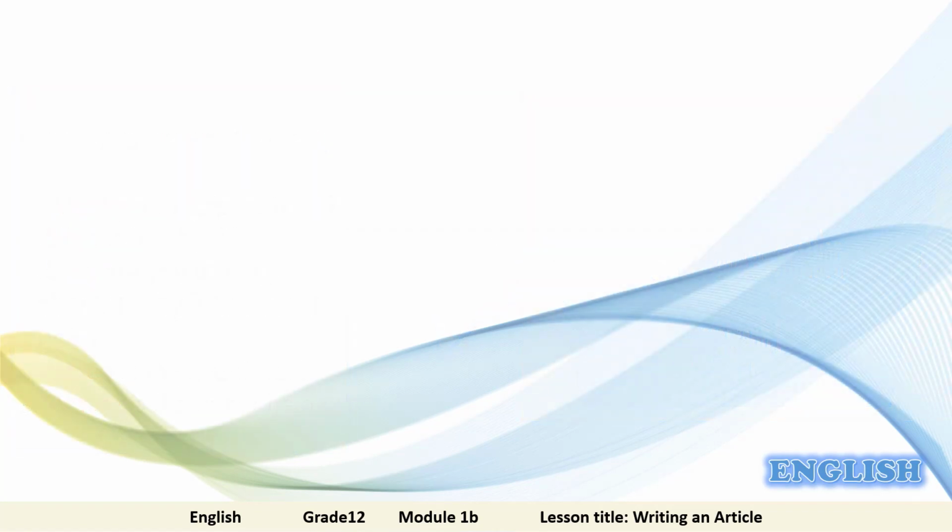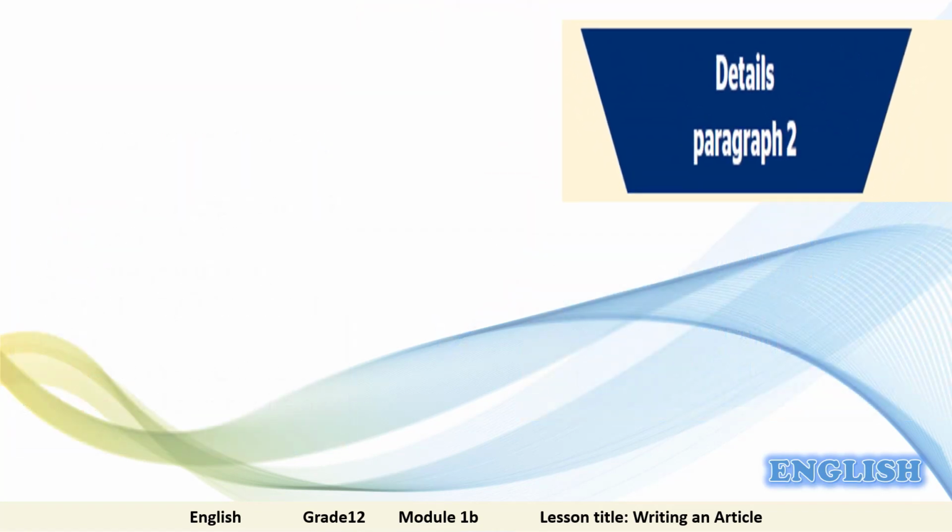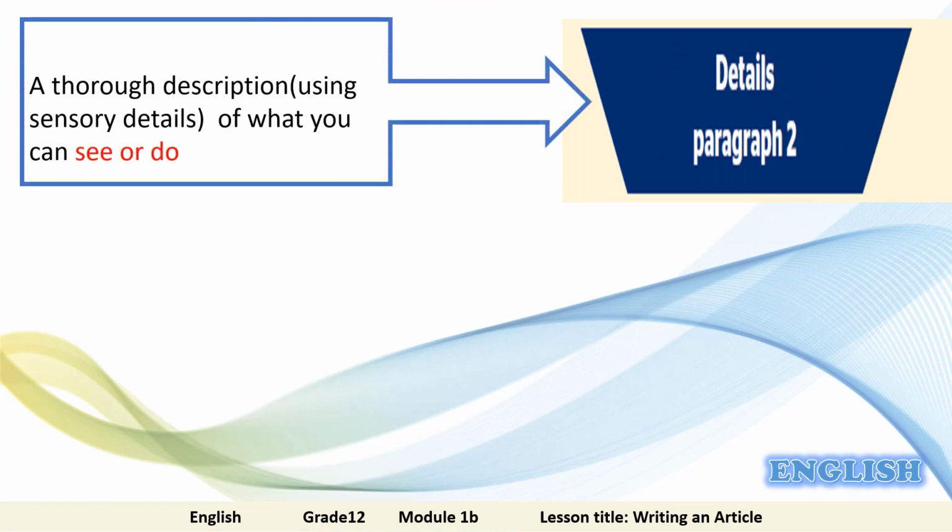Let's move on to paragraph 2, details. How do I write details in paragraph 2? The type of details you're supposed to write in paragraph 2 is what you can see or do. Try to give a vivid description of the whole scene.